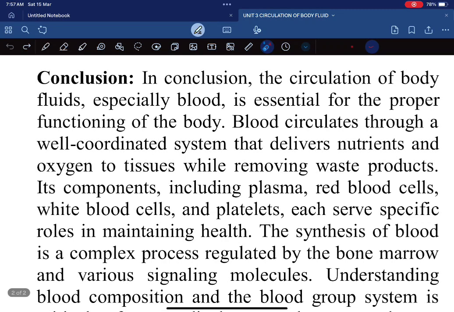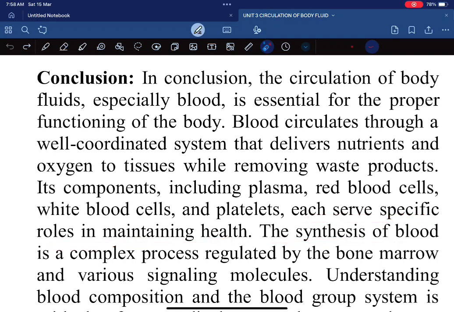Conclusion. In conclusion, the circulation of body fluids, especially blood, is essential for the proper functioning of the body. Blood circulates through a well-coordinated system that delivers nutrients and oxygen to tissues while removing waste products. Its components include plasma, red blood cells, white blood cells, and platelets. Each serves specific roles in maintaining health.